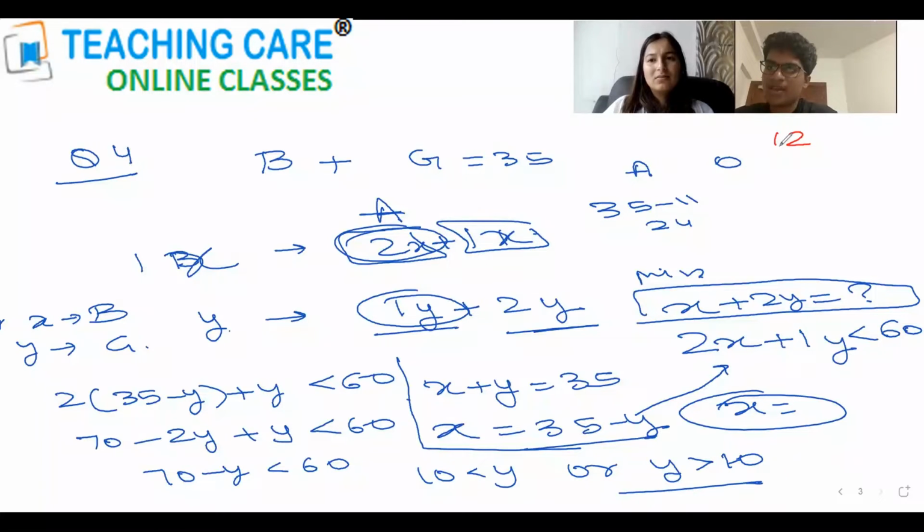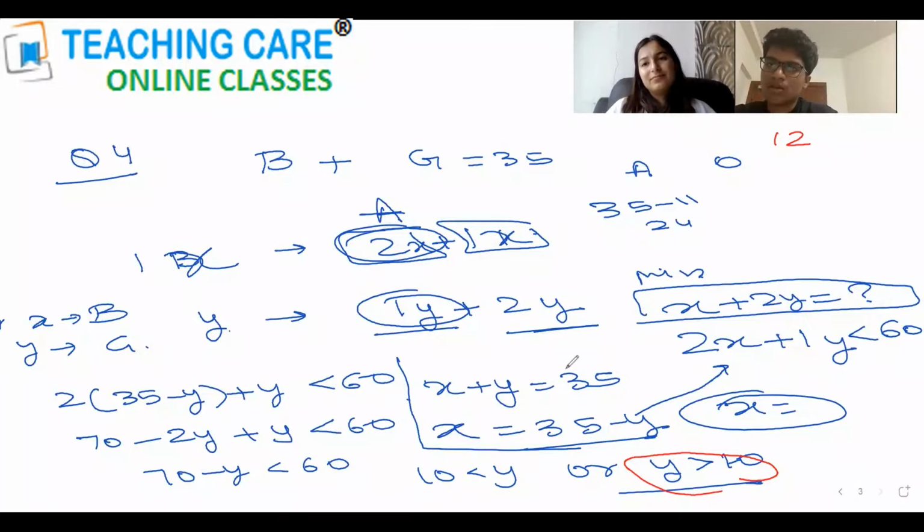Can x be anything from 12 to 0? But I can put y as this. If I put y as 11, because y is greater than 10, I'm getting x as 24. 35 minus 11.